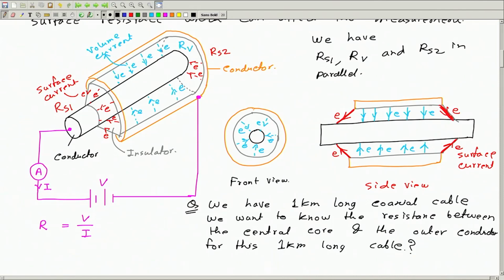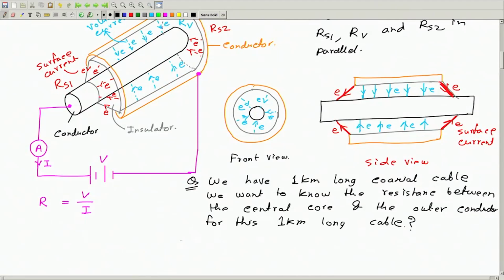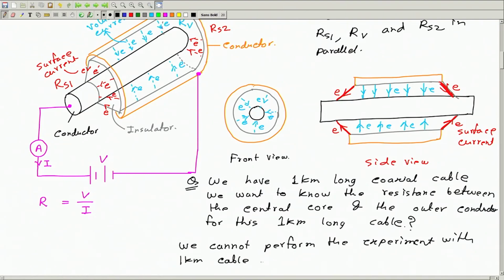So, we cannot perform the experiment with a 1 kilometer long cable; we perform it with say a 10 meter cable.